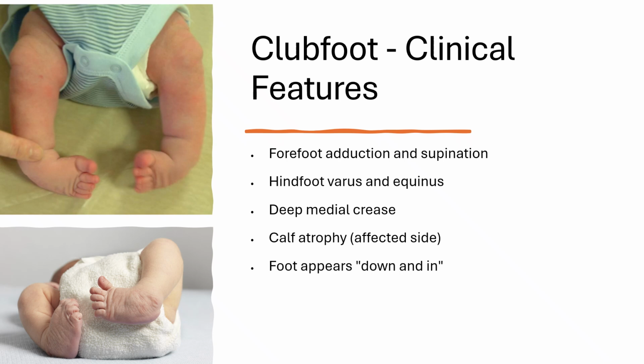Understanding these individual components helps you perform systematic examinations, assess treatment progress, and identify residual deformities that might require additional intervention. The clinical examination focuses on determining flexibility versus rigidity, which fundamentally guides your treatment approach and prognosis discussions with families.